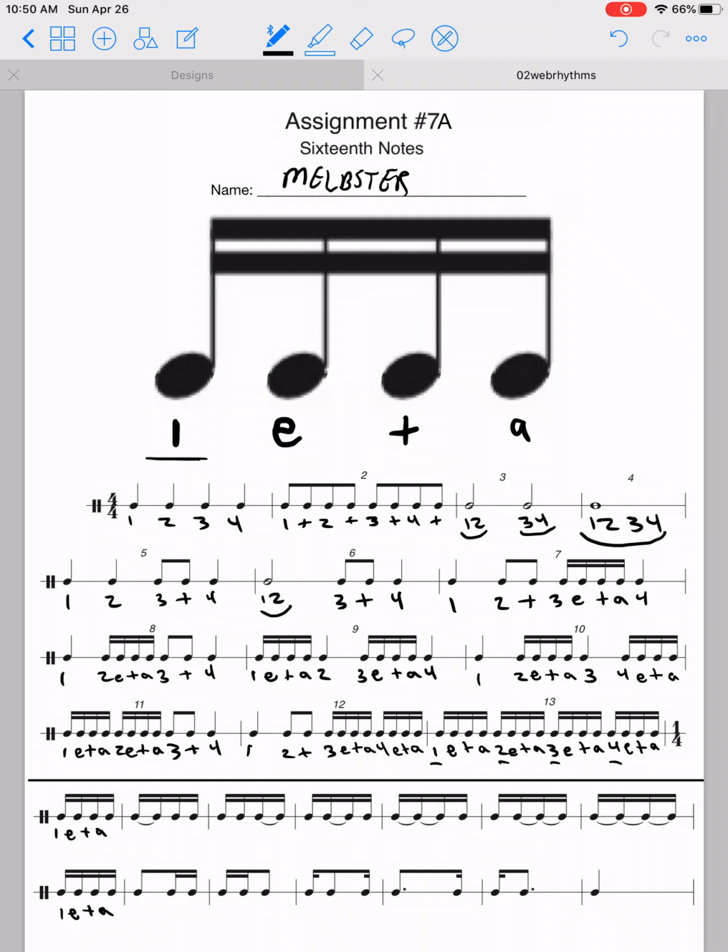In the second measure, the first 2 notes are tied together, but there are still 4 16th notes. So it would be written as 1 E and A still. However, down below, we used the rule of tied notes that we talked about last week to combine the first 2 16th notes together to create a simplified version of this rhythm.